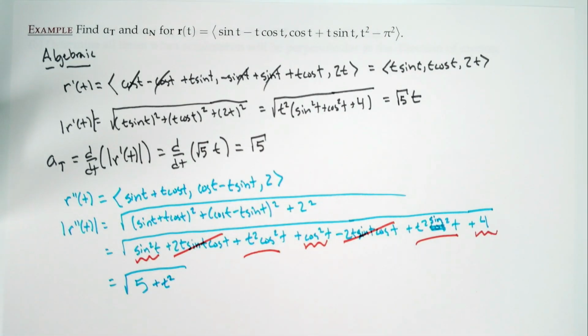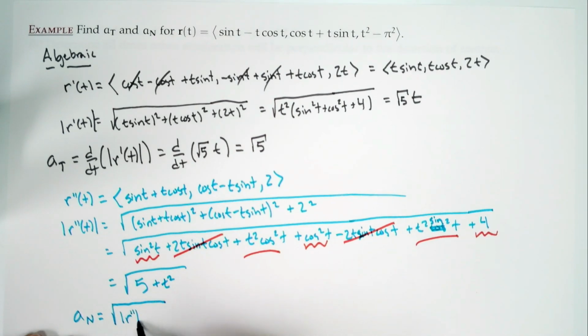All right, so where are we at? Well, the last thing is to do a sub n. So remember, that's the square root of the magnitude of r double prime squared minus a sub t squared. Well, that's the square root of 5 plus t squared, because when you square root and then square, they cancel.